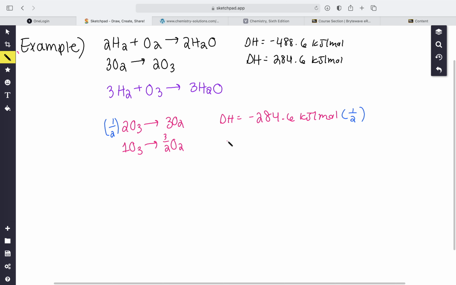And we will get, change it to H, negative 142.3 kilojoules per mole. Okay, cool. Alrighty, so I think that's good for that equation.